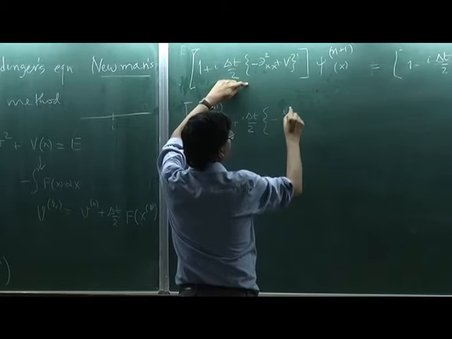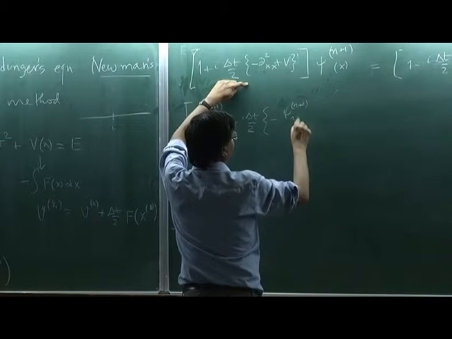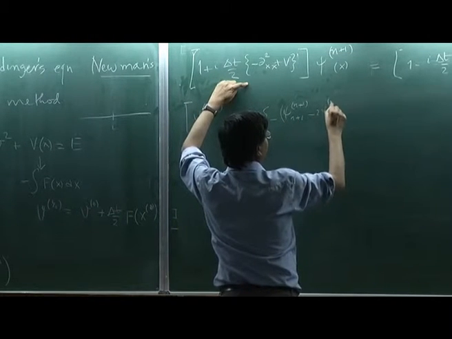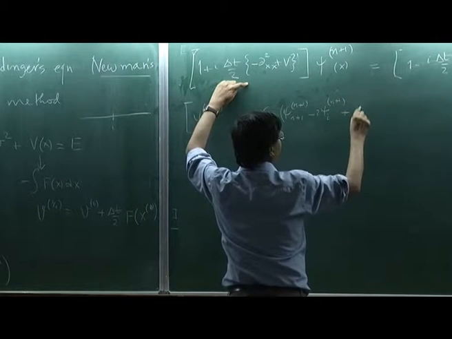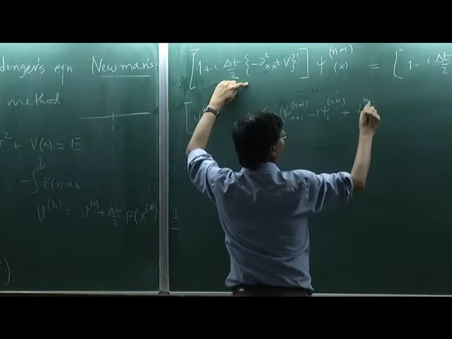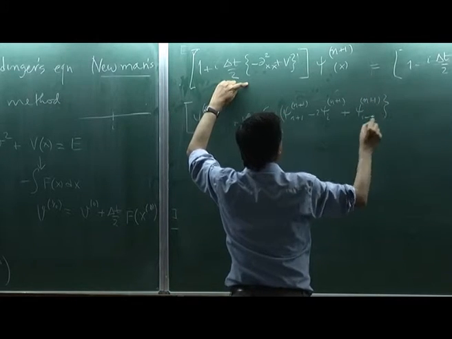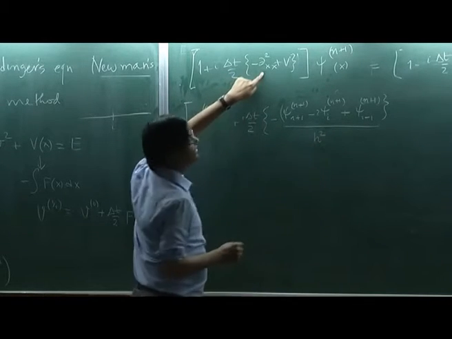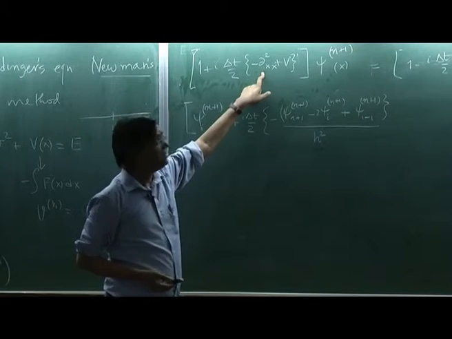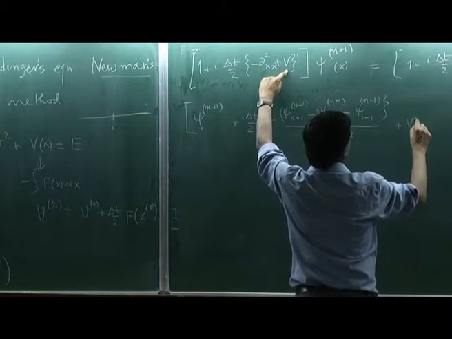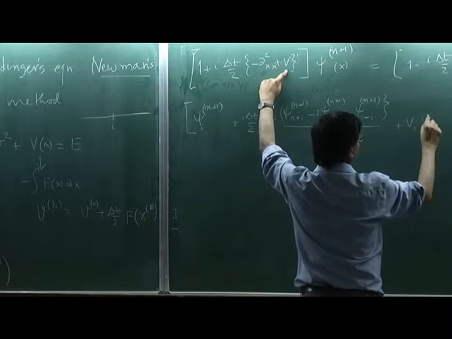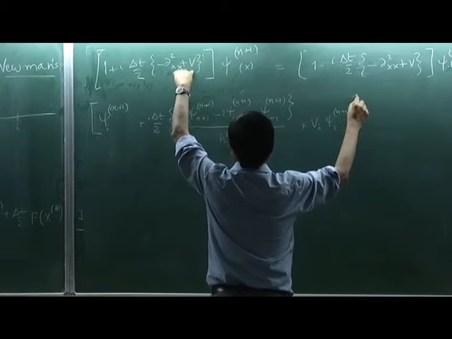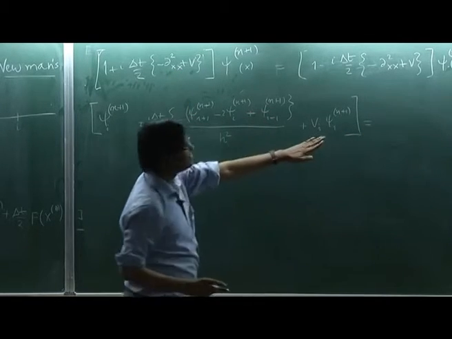It will be minus ψ(i+1, n+1) minus 2ψ(i, n+1) plus ψ(i−1, n+1), divided by h squared, this double derivative, plus V at x_i times ψ(i, n+1), bracket close.